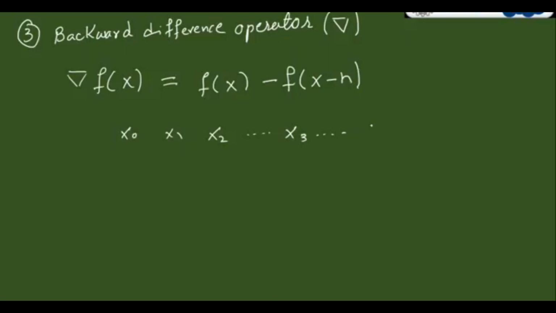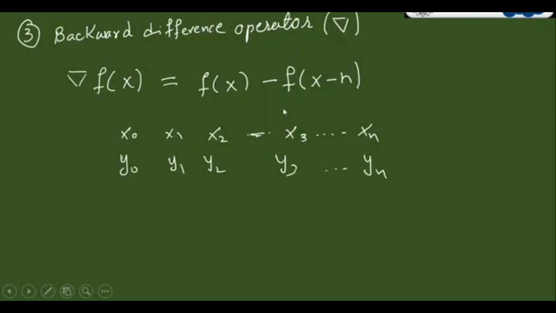So I have to go in the backward direction. If this is x2 and I subtract h amount from x2, I will get x1. This is what is represented here. It is just a forward backward shift which we already discussed. Correspondingly we have y0, y1, y2, y3, and till yn. Okay, so this is the definition of this operator.